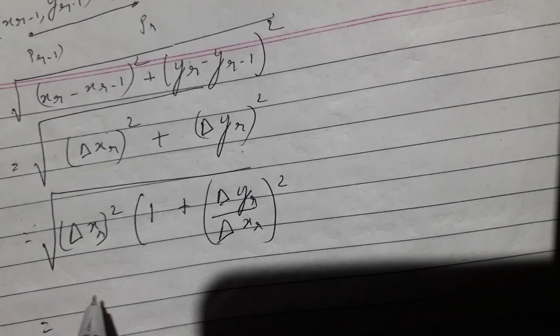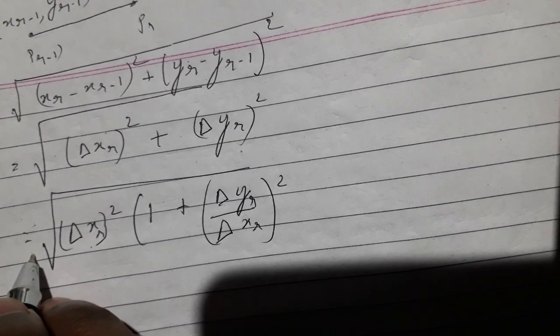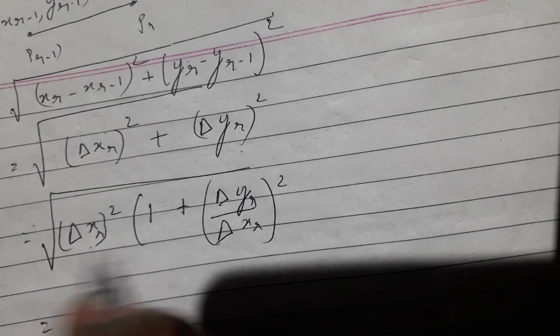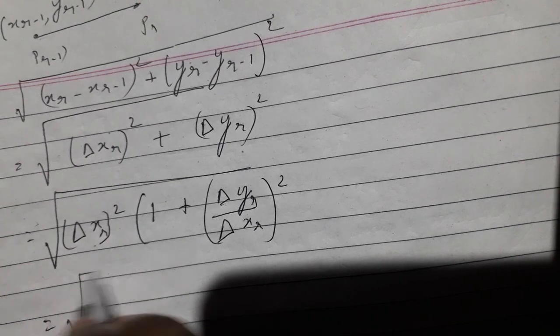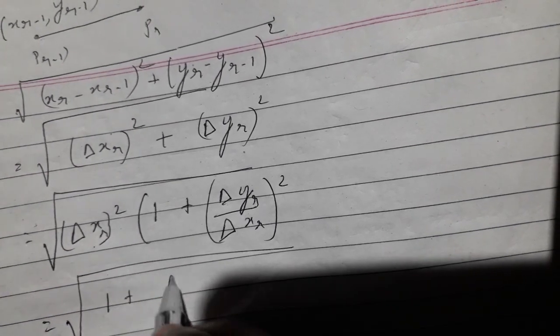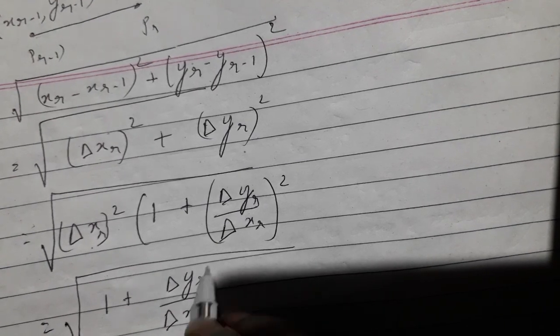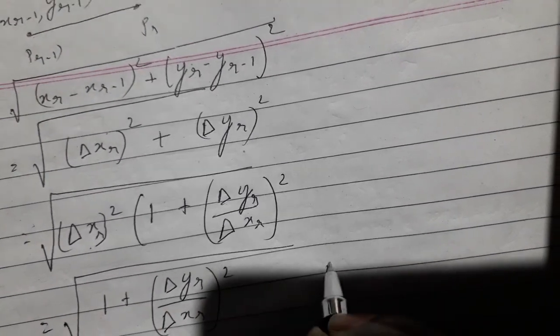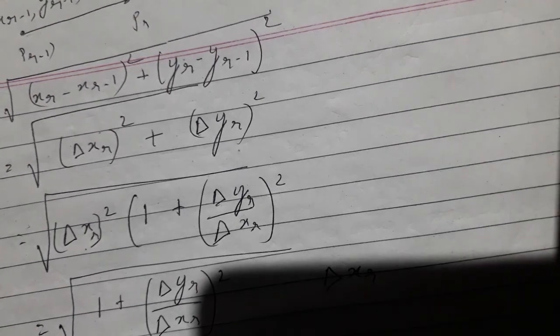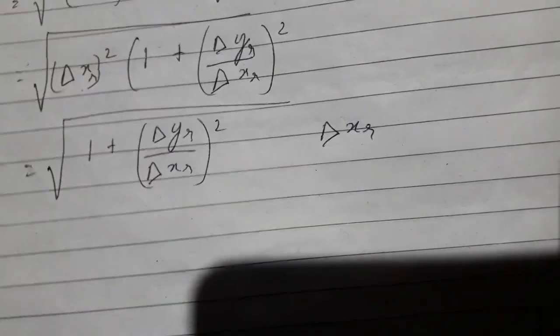So delta x(r) will come out of the square root, and we have the square root of 1 plus (delta y(r) by delta x(r)) whole square, times delta x(r).